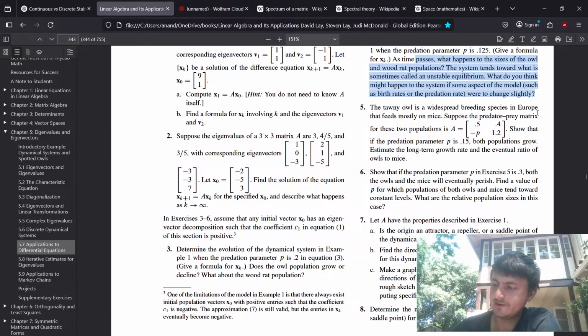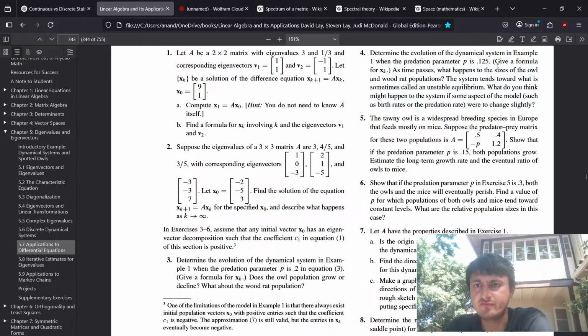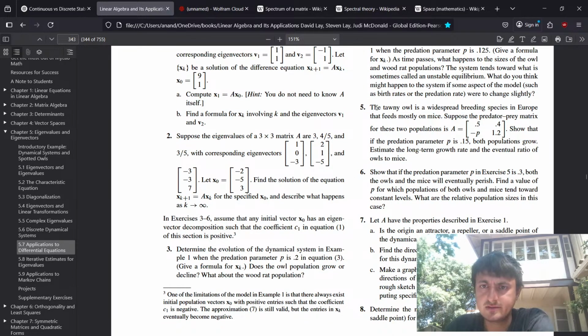Okay, we'll do 3. I end up just writing down all of them. 4, let's just skip 4. I don't really care about that. Unstable equilibrium.